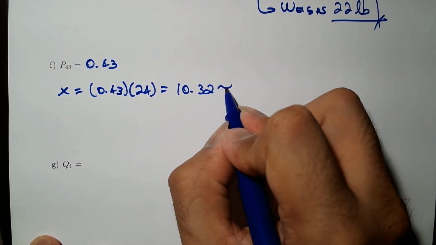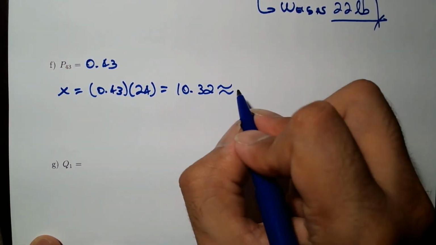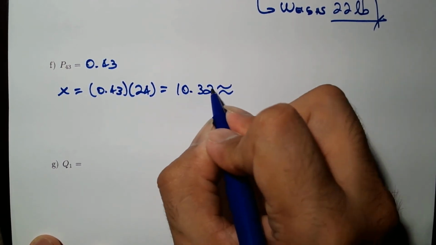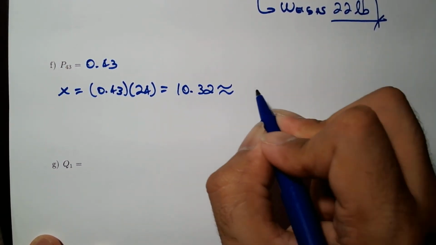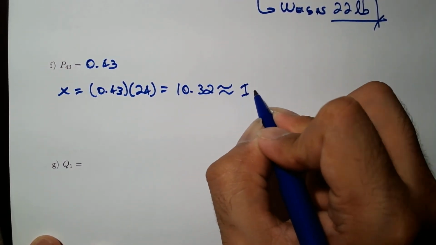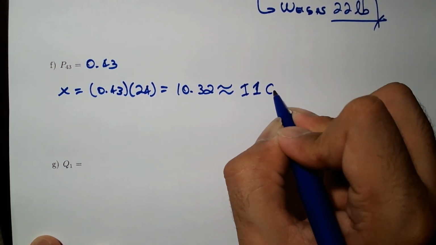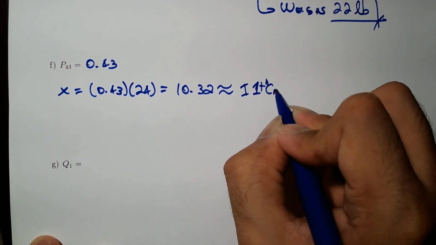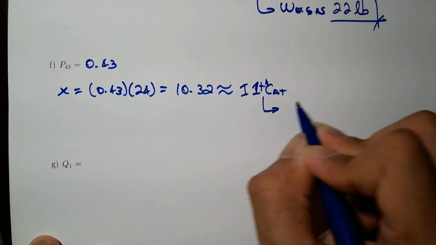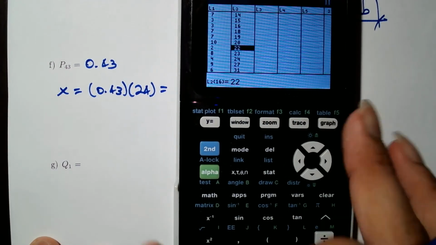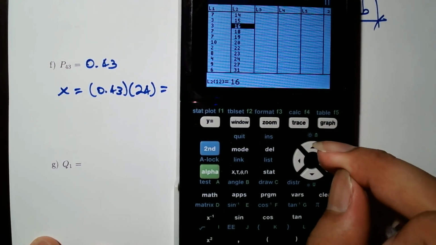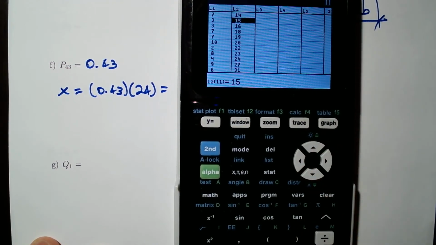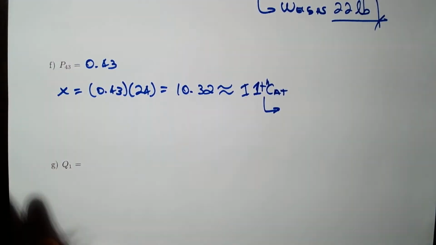Again, we get a decimal, so we round up to the next integer. Even though by the rounding rules it would be 10, no, we round up to the 11th cat, which weighs, let's see, the 11th position is the cat that weighs 15 pounds.